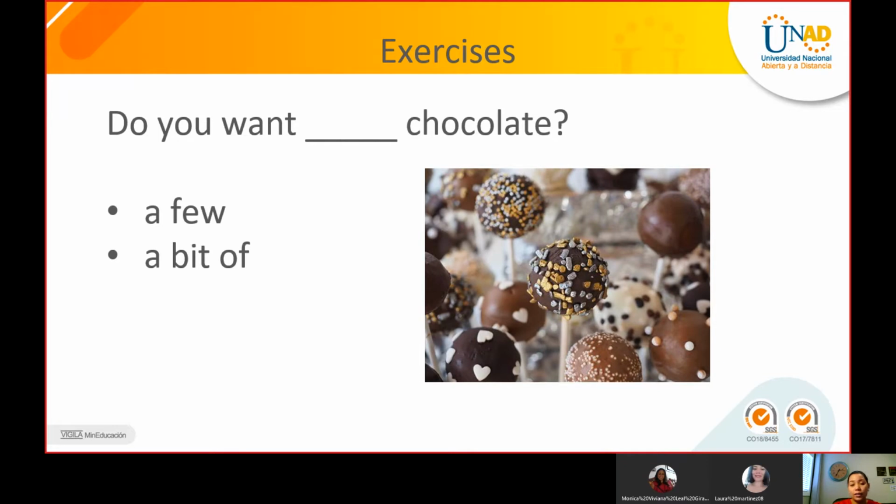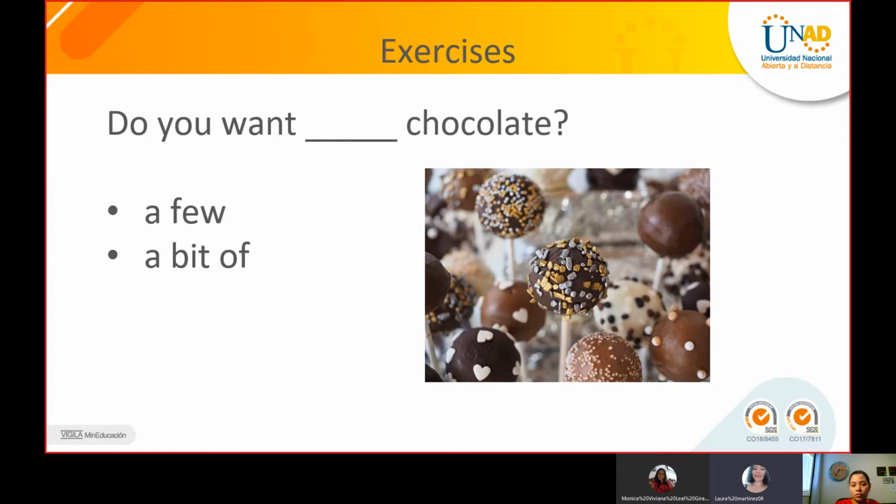Because chocolate, remember, in English, chocolate is uncountable, right? If you want to count it, you have to say a bar or a piece of chocolate if you want to make it countable. Otherwise, it's uncountable.